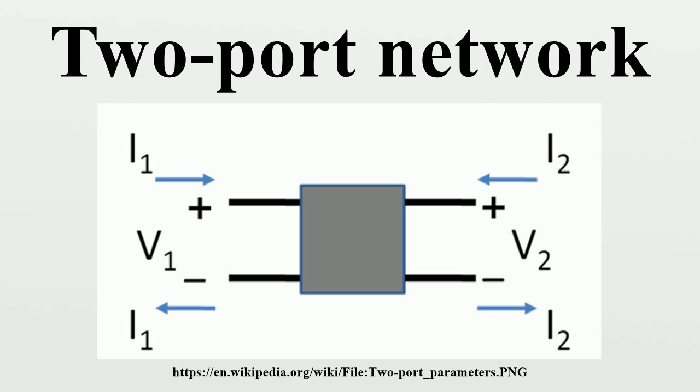Networks with more than two ports. While two-port networks are very common, other electrical networks such as directional couplers and circulators have more than two ports. The following representations are also applicable to networks with an arbitrary number of ports: admittance parameters, impedance parameters, scattering parameters.